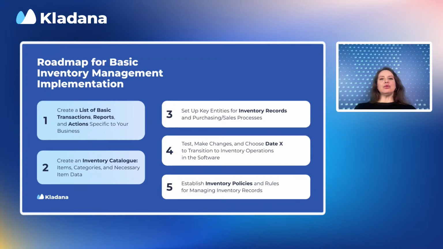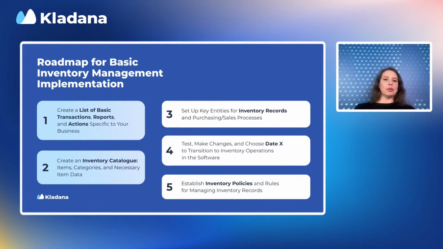Maybe after this, you would like to add something. For example, you figure out that for some reports, you need to collect some information, for example about sales agents. Or you need to send some product information, like assembling instructions, to your customers.